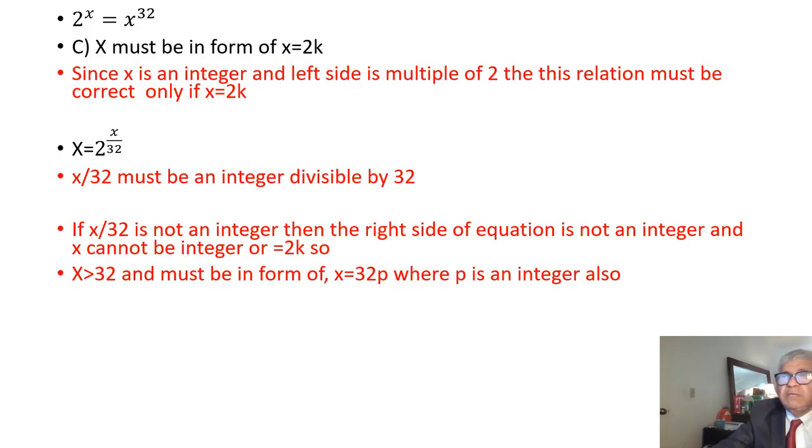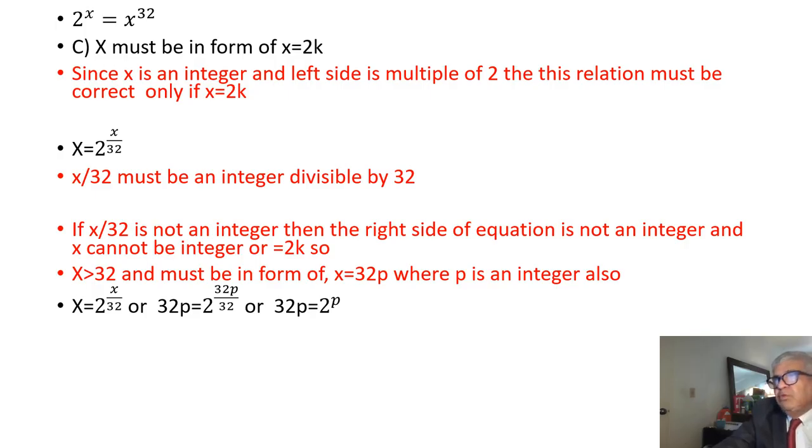Because if it is in a form of 32p, then it would be 2 to the power of p, where p itself is an integer, and the result would be an integer. If it is not in a form of 32p, we won't get an integer by raising 2 to the power of x over 32. So x must be in a form of 32p.